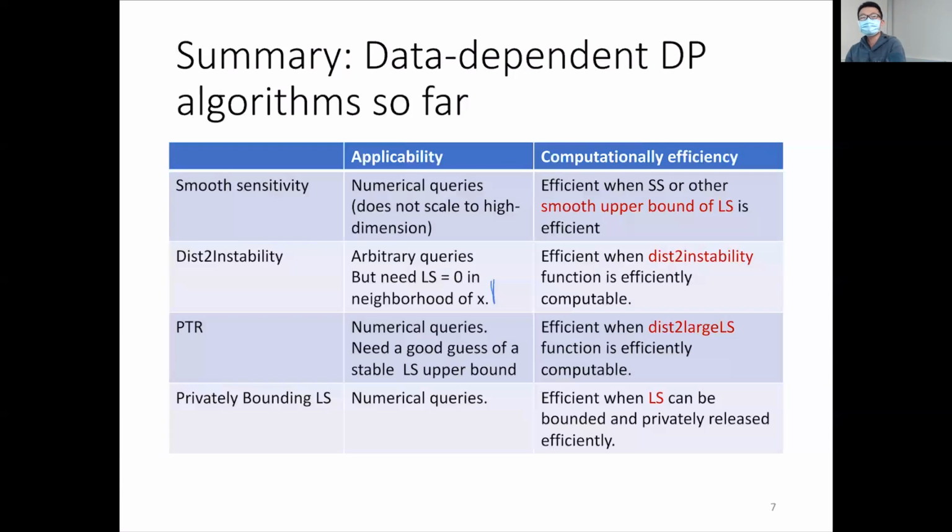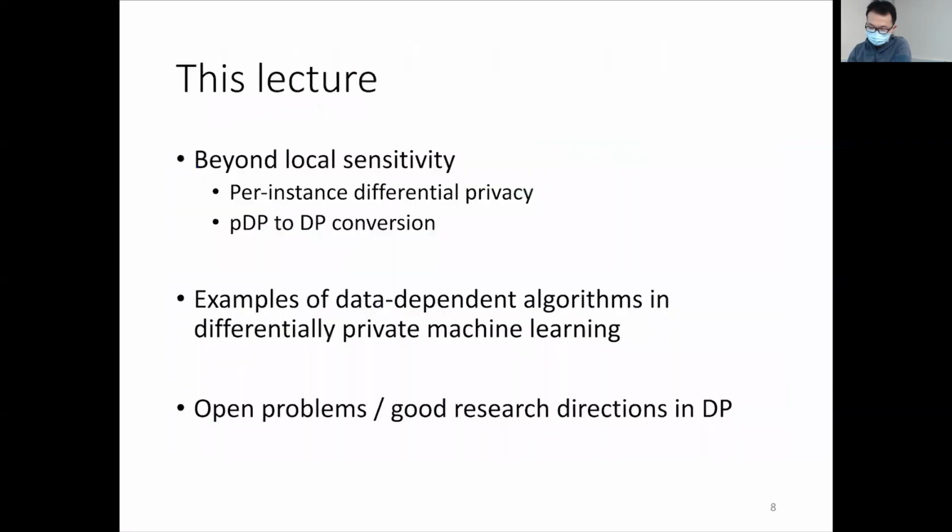But there are many mechanisms, say the Laplace mechanism, objective perturbation, and many other algorithms that we learned that are useful for differentially private machine learning that are not actually simple noise adding mechanisms. For these methods, if we still want to do data-dependent differentially private algorithm design, what can we do? Okay, so that will be the focus of today's lecture.